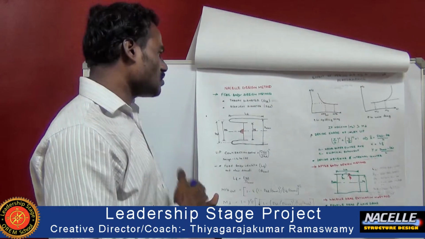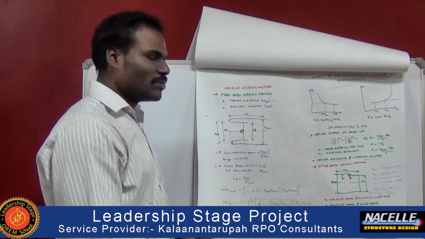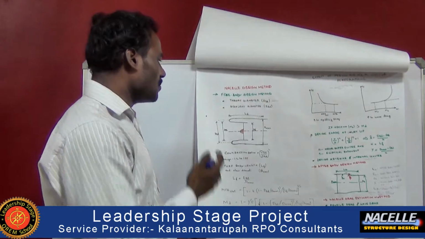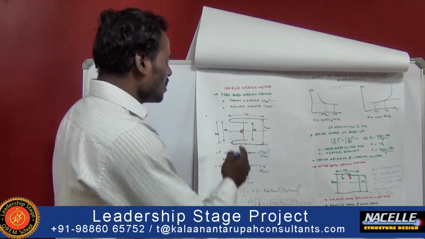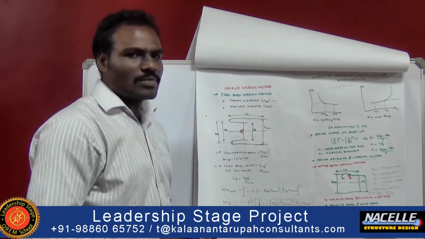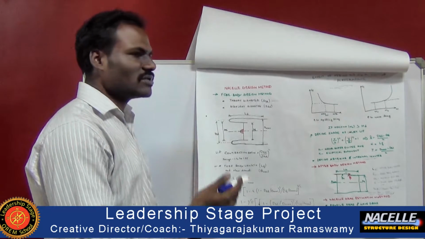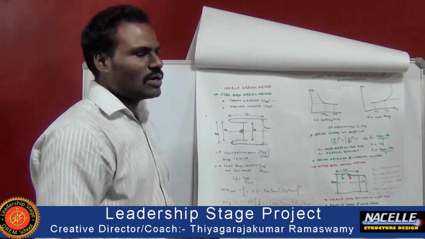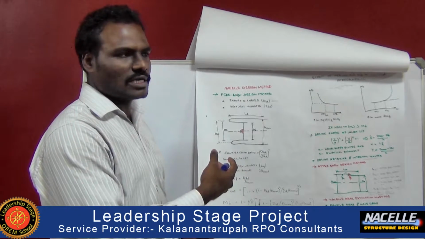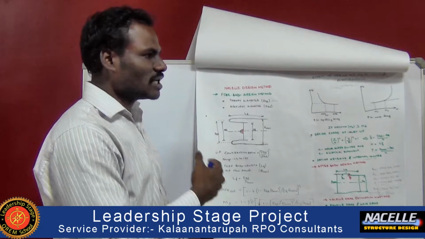Here, with respect to the bypass ratio, we are going to calculate the throat diameter based on the performance of the engine, which is required for the supply of air, that is, to extract the air from the atmosphere into the engine.